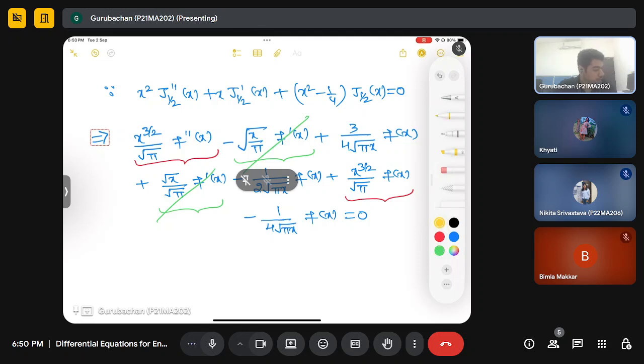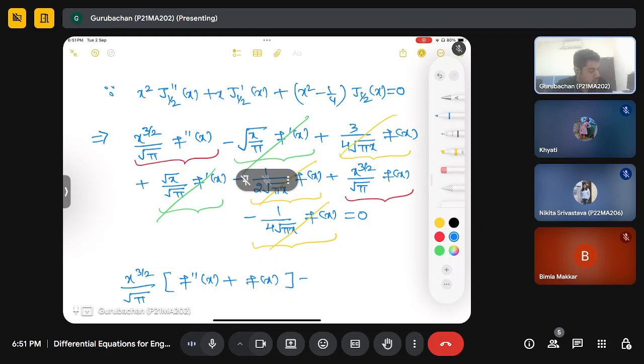Next one is f(x): this one half, and this one 1 by 4. So half is 2 by 4, minus 1 by 4, minus 3 by 4, so these three will cancel out. Now you're left with only x to the power 3 by 2 divided by root pi times f double dash x plus f(x). This will be 0.